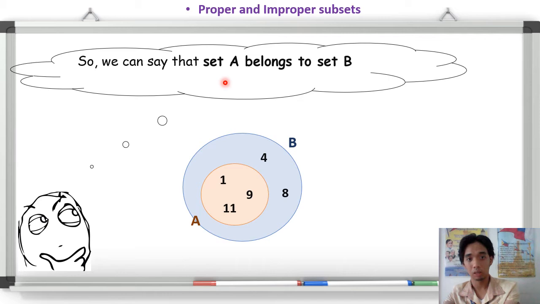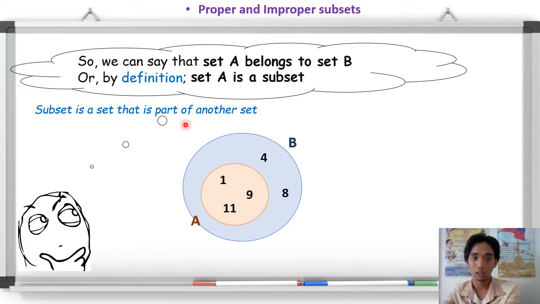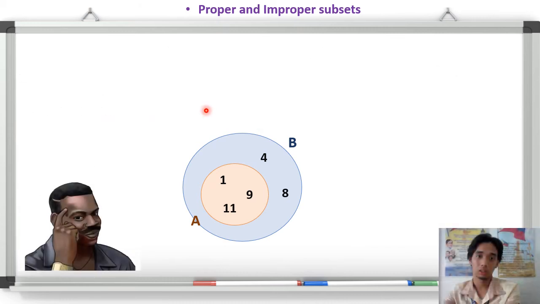We can say now that set A belongs to set B, or by the definition, a subset is a set that is part of another set, we can say that set A is a subset of set B. So, what is subset?